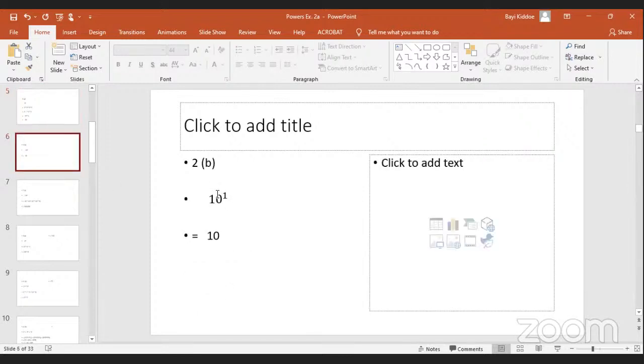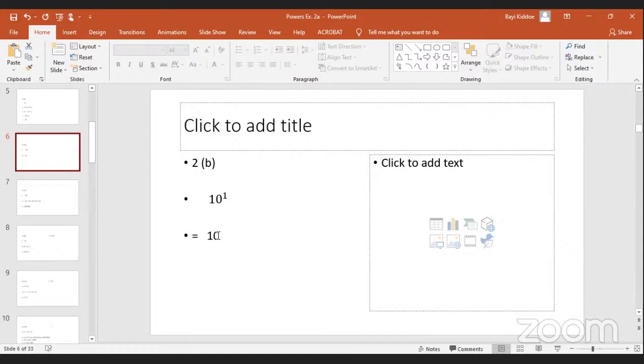All right, number 2B, this is simple, 10 to the 1. And remember what we said, that anytime you see any number in mathematics by itself, it normally means that there's a 1 at the right-hand side of it, an imaginary 1 there. So 10 to the 1 is 10, because 10 is only represented once.